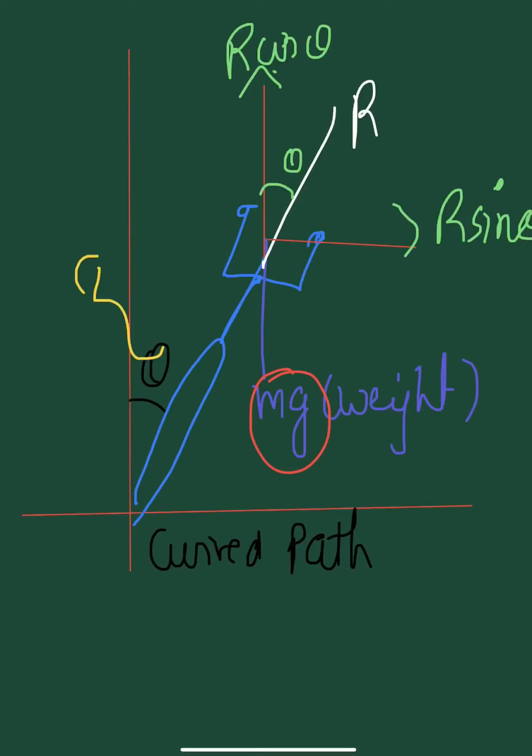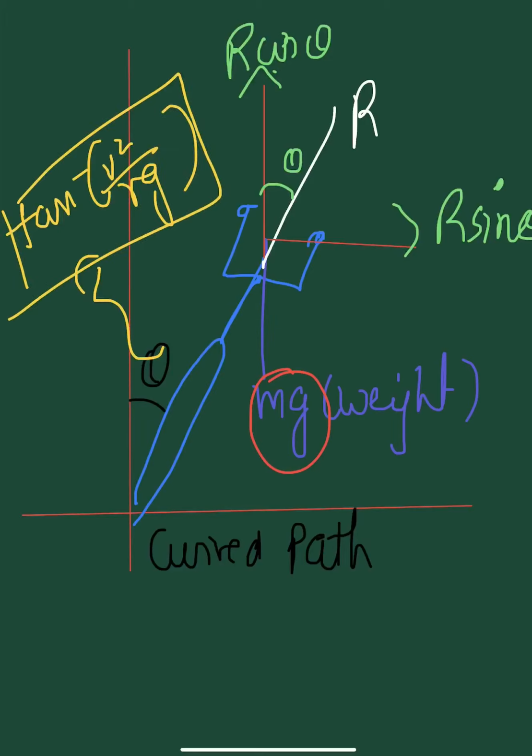That means the cyclist bends by this angle in order to avoid slipping, so that he gets the centripetal force.